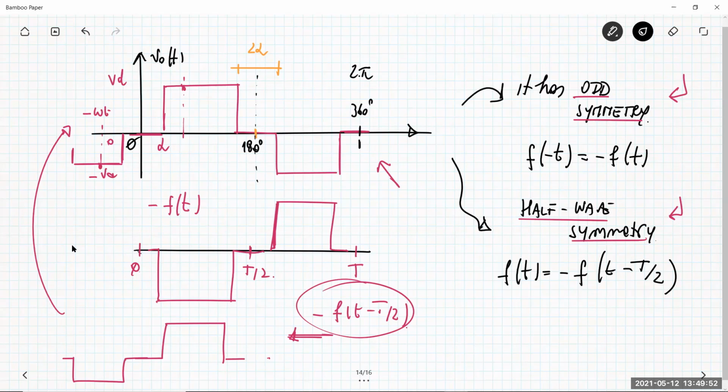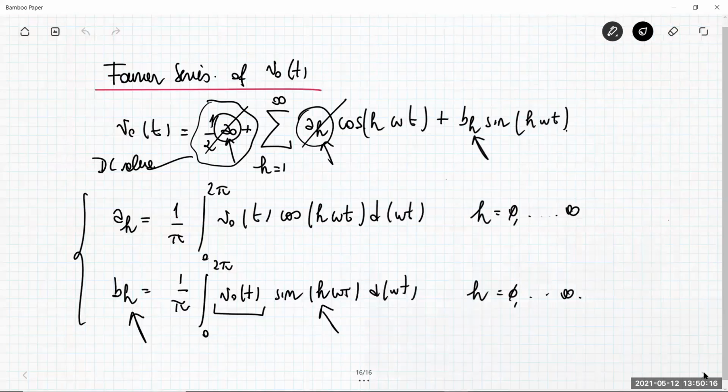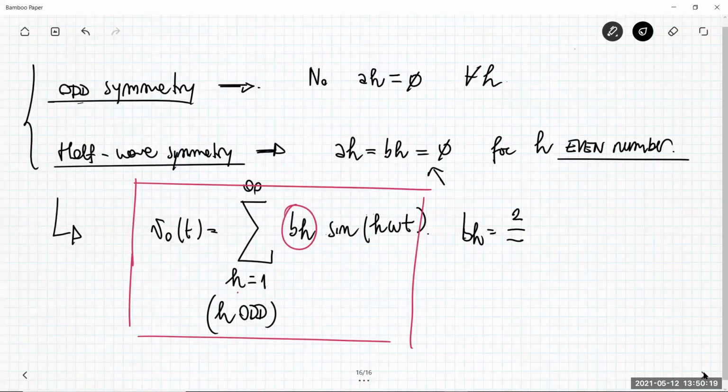Since my waveform is multiplied by a sine wave, which is positive for this half period and negative for the other one, I'm multiplying two positive quantities for half the period and two negative quantities for the other half. So basically this integral is the same as 2 times the integral extended over just half the period, because I'm counting that product 2 times.